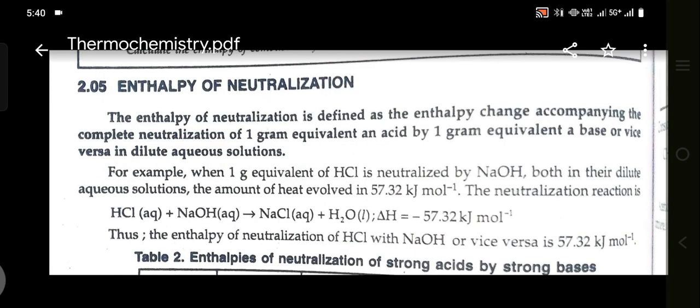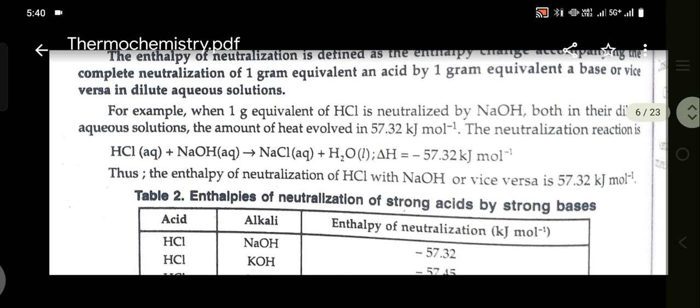Enthalpy of neutralization. The enthalpy of neutralization is defined as the enthalpy change accompanying the complete neutralization of 1 gram equivalent of an acid by 1 gram equivalent of a base or vice versa in dilute aqueous solution. For example, when 1 gram equivalent of HCl is neutralized by NaOH, both in dilute aqueous solution, the amount of heat evolved is 57.32 kJ per mole.